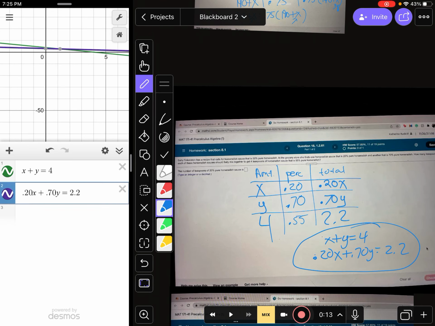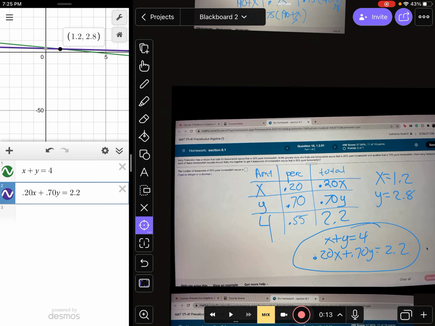So let me zoom in kind of where you see it. Right there. 1.2 and 2.8. So x equals 1.2, y equals 2.8. Remember, it's looking for the number of teaspoons of 20% pure horseradish. Right here, 20%. We call the amount of 20% x.